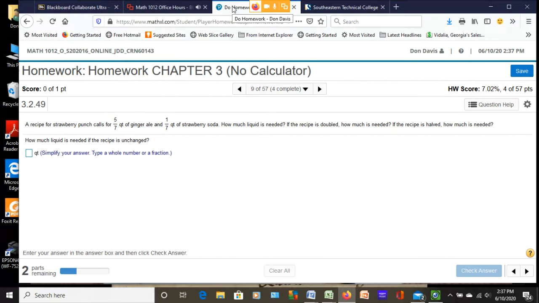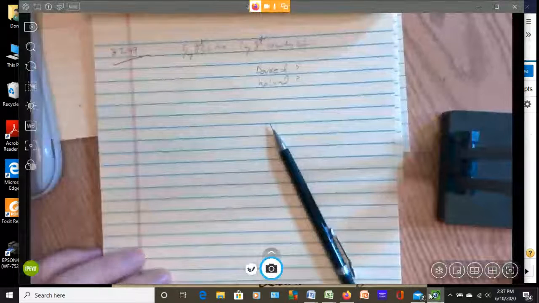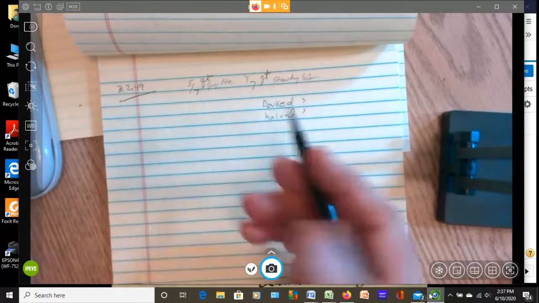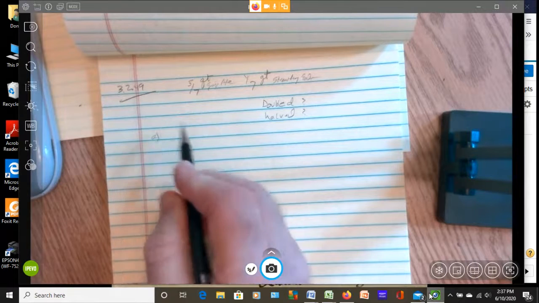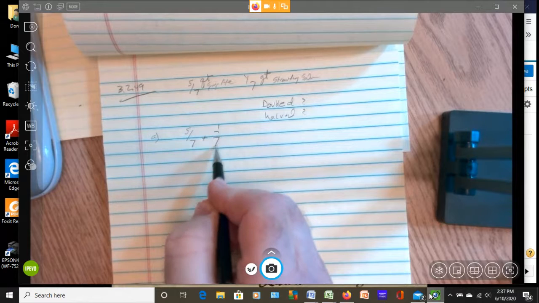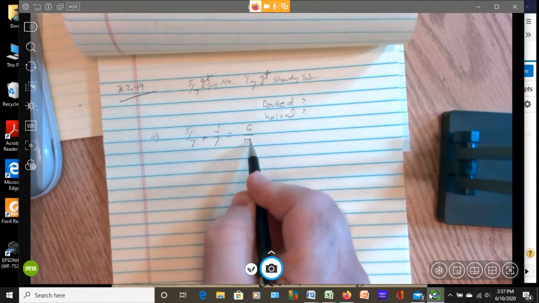So the first part of the question is how much is needed if the recipe is unchanged? If the recipe is unchanged, then part A would simply be 5/7 plus 1/7, which is 6/7.